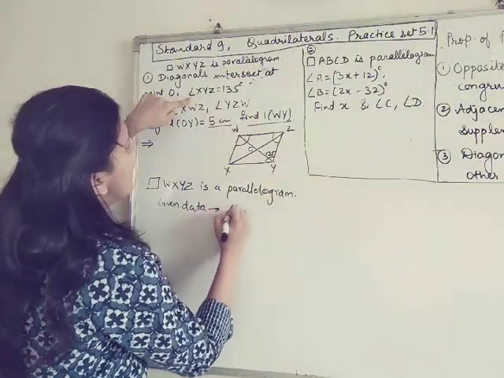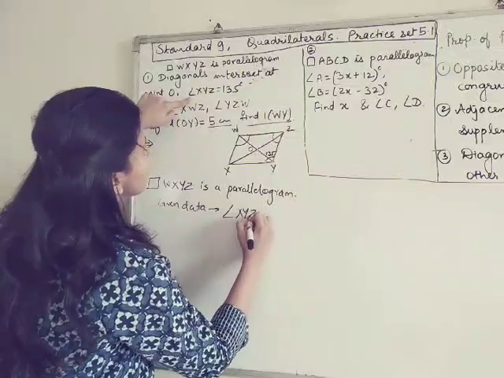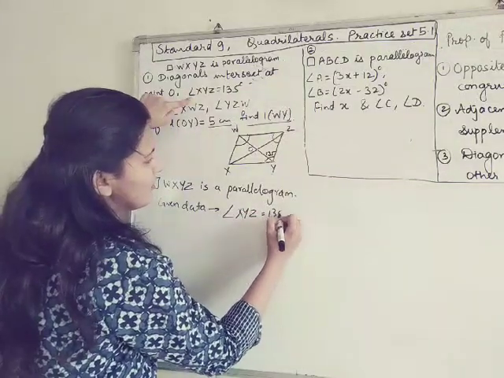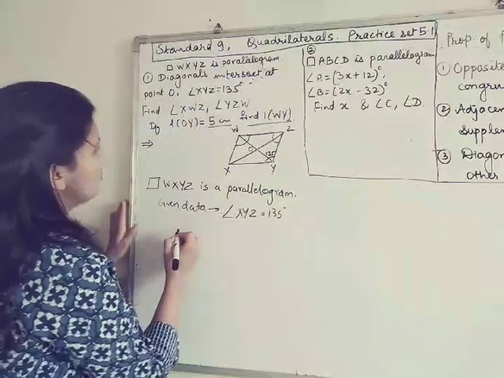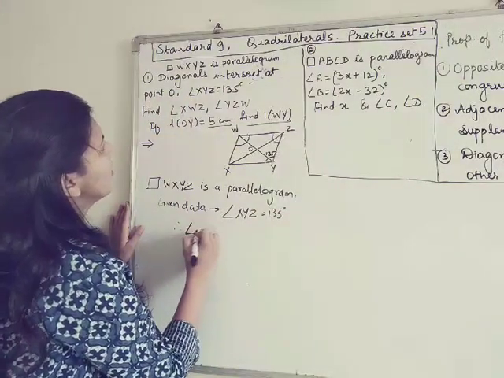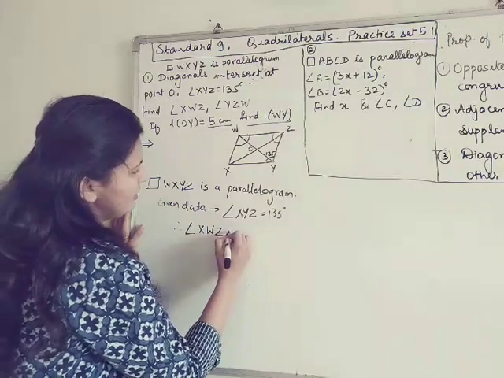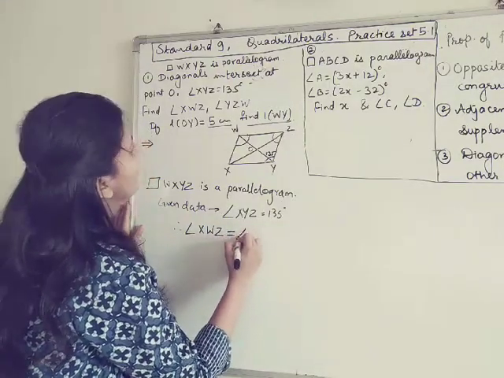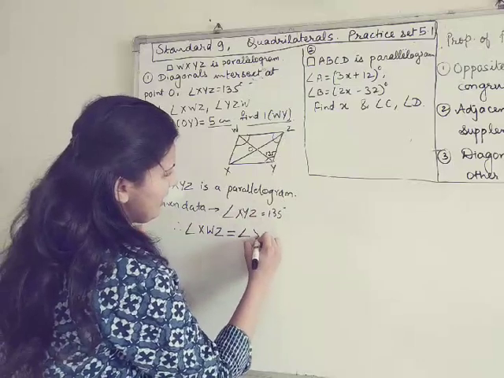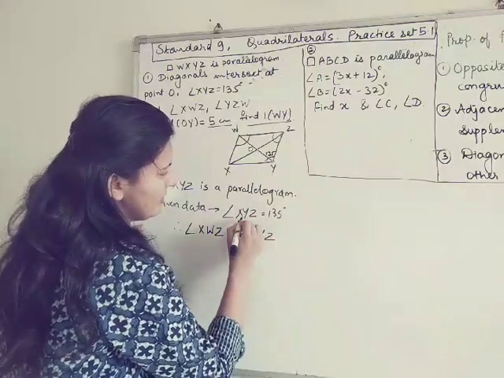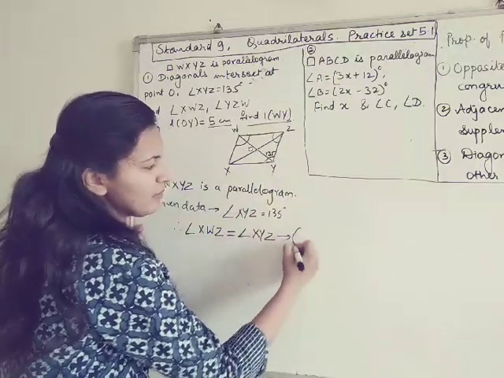Given data is angle XYZ is 135. So therefore angle XWZ is equal to angle XYZ. What is the reason behind this?